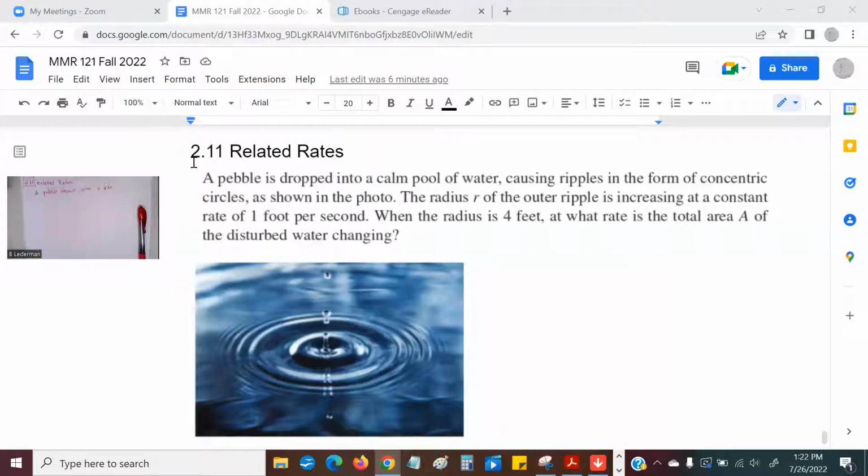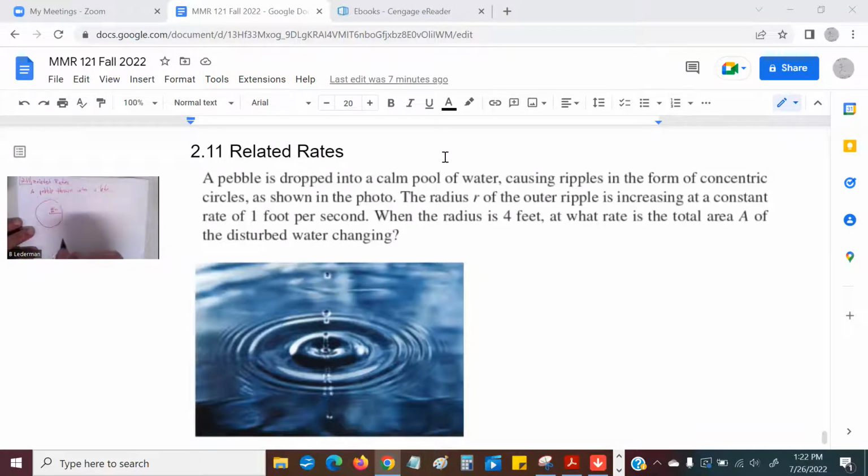Okay, here we go. Let's draw the picture here. Here's the circle, and here's the radius. They're telling us that dR/dt, the change in the radius with respect to time, equals 1.